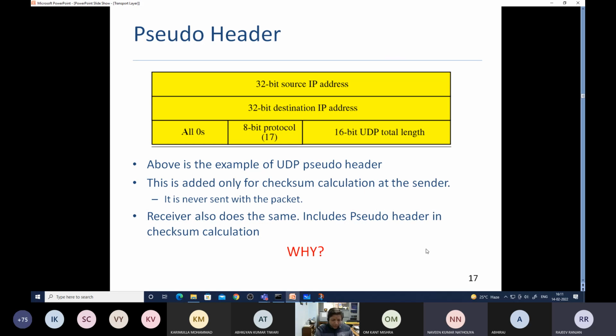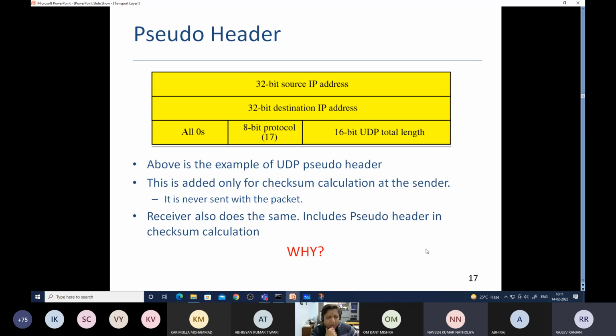Now this is most important. It's known as the pseudo header. Just read this slide, because this is the most confusing aspect of both UDP and TCP.